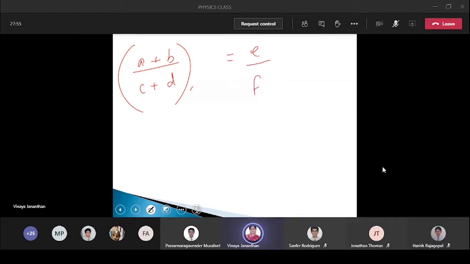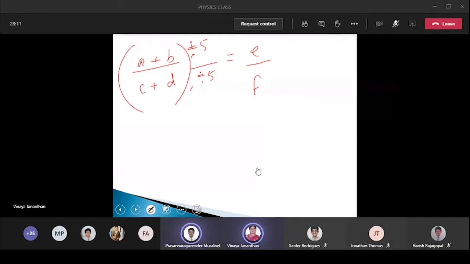So we were dividing the numerator by 5, and the denominator also by 5. That's what we have done, right?